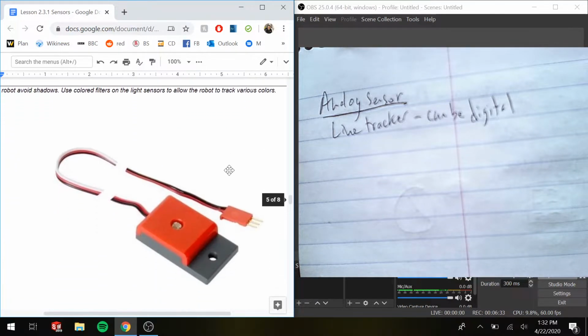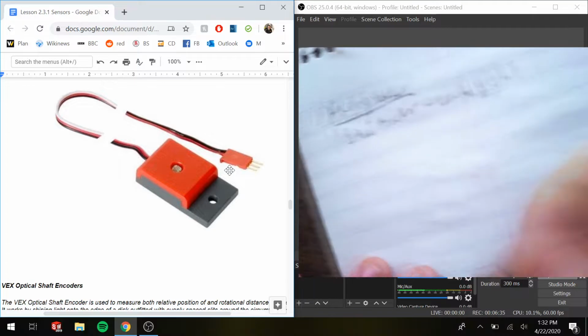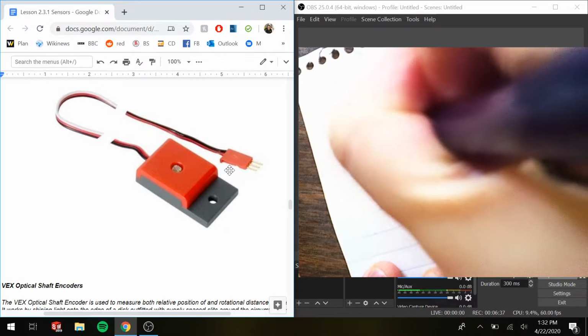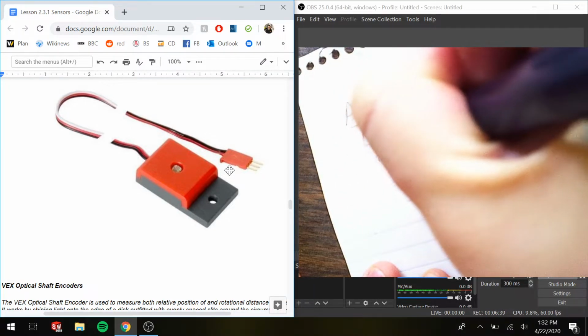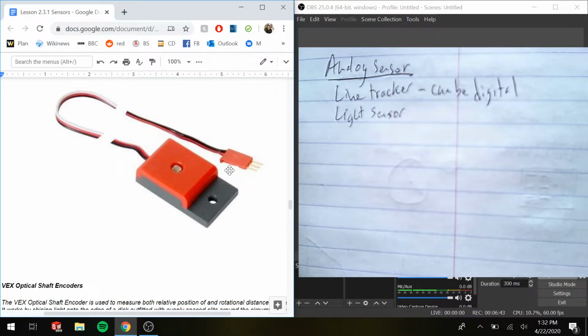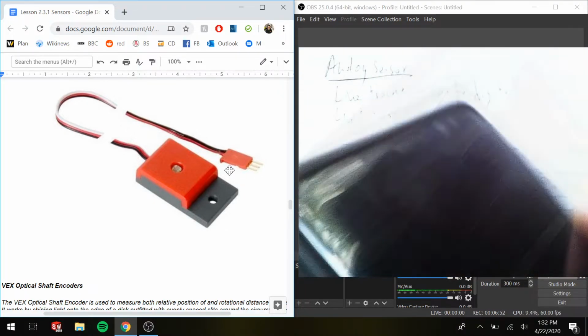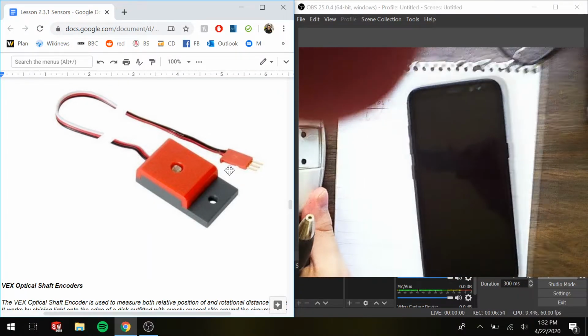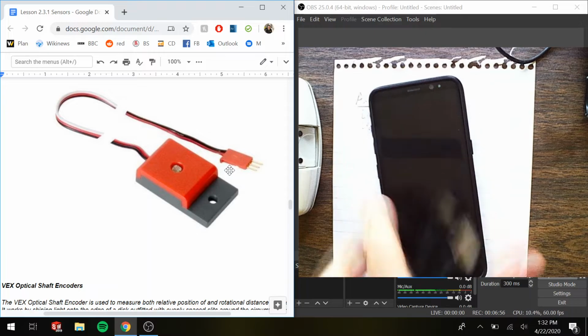The next sensor we're going to talk about is a light sensor, and this also can be digital, but in general it isn't. A light sensor generally will give you a value depending on how much light is put on it. A very common application of a light sensor is on your phone. On my phone, I have the brightness set to be automatic.